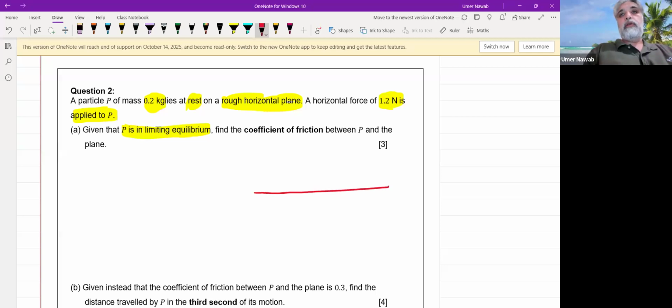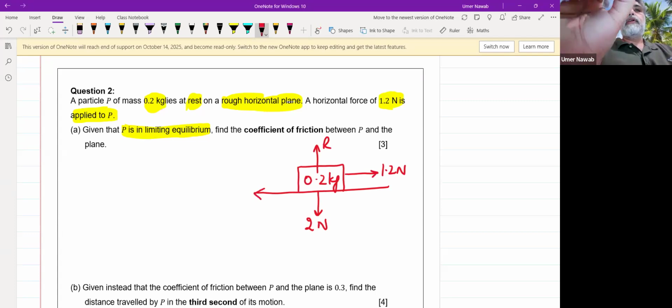Suppose this is the horizontal plane where the particle is, the mass is kept 0.2 kg. The weight is 2 Newtons, the reaction is upward, and you are applying a horizontal force of 1.2 newtons, and there is F max.